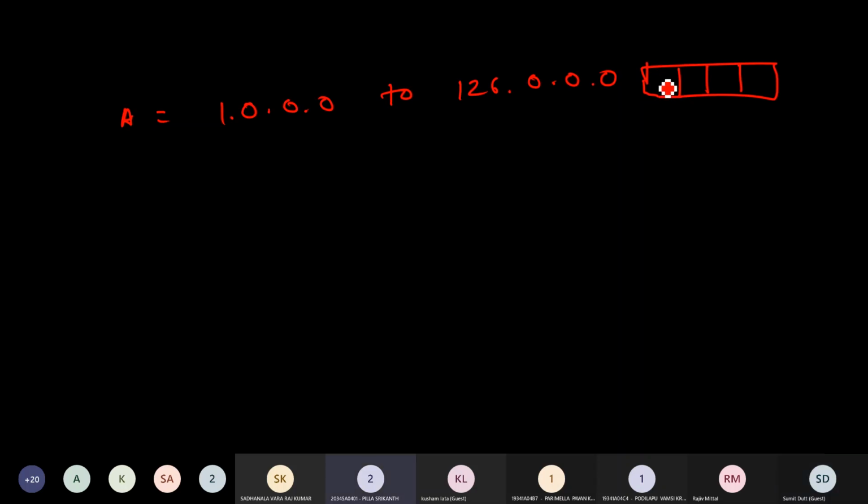It is 8 bits for the network and 8, 8, 8 for the host. So I can say the network bit is 2 to the power 8, while the host bit is 2 to the power 24, right? Okay.